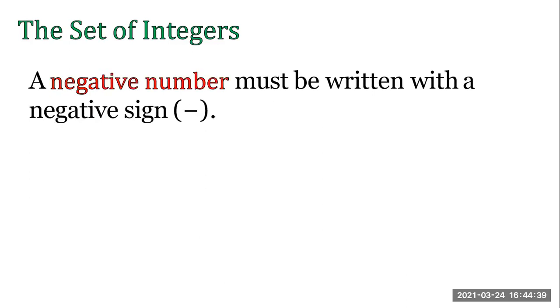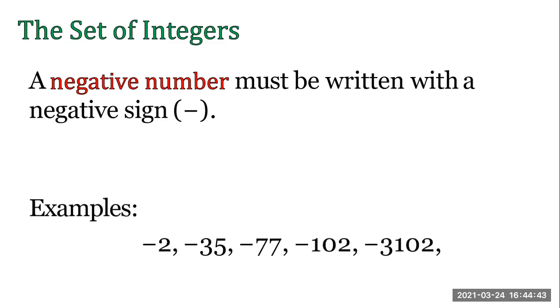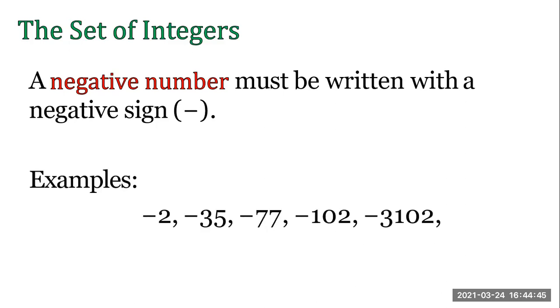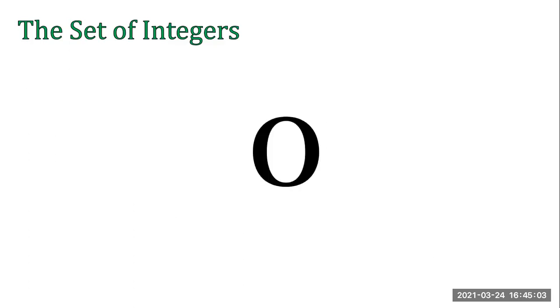A negative number must be written with a negative sign. Examples, -2, -35, -77, -102, -3102. So in a negative number, it is required to write the negative sign.